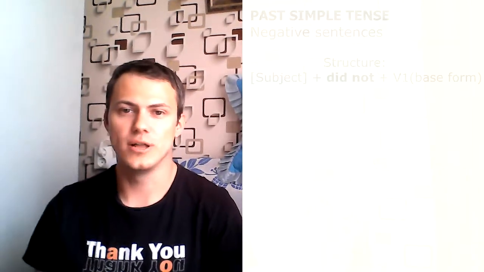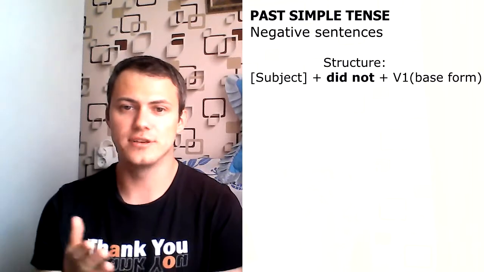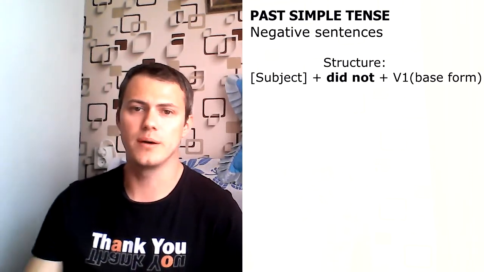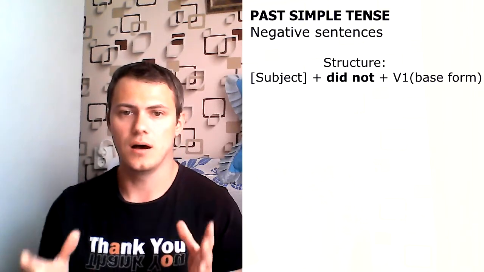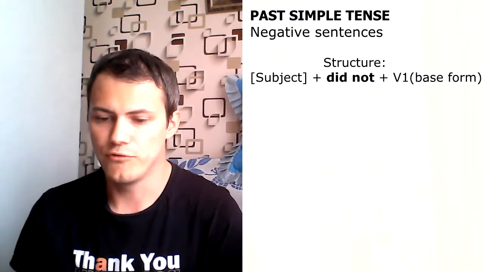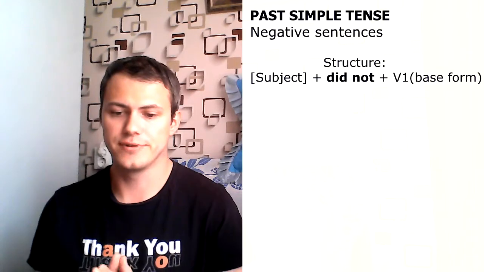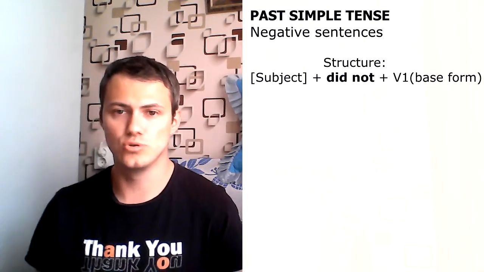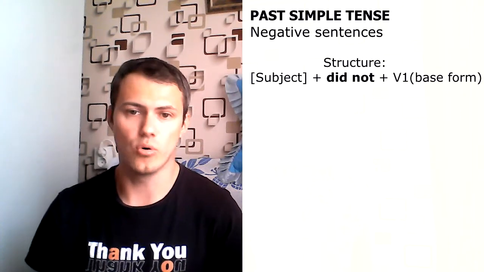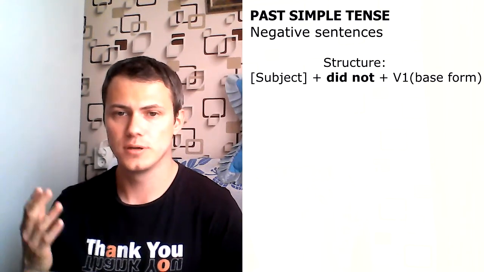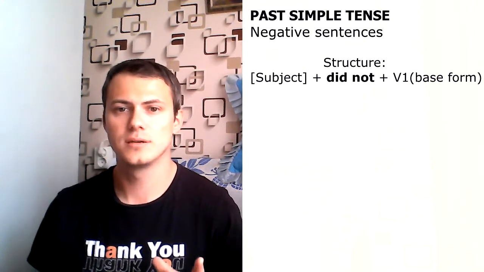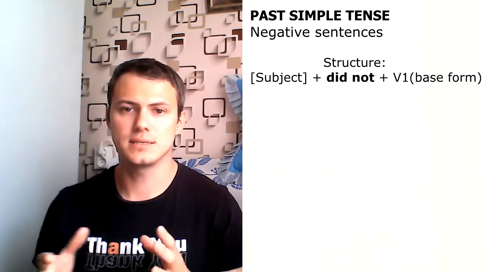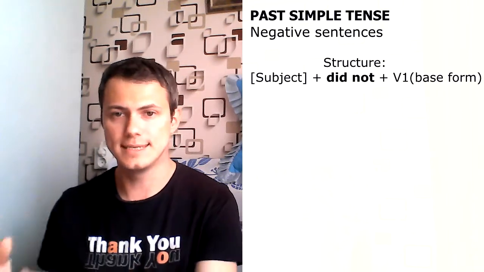So let's take a look at the structure of the negative sentences using the past simple tense. For the negative sentence using the past simple tense, we should use the auxiliary or helping verb do, but we should use it in its past simple form, what is did.